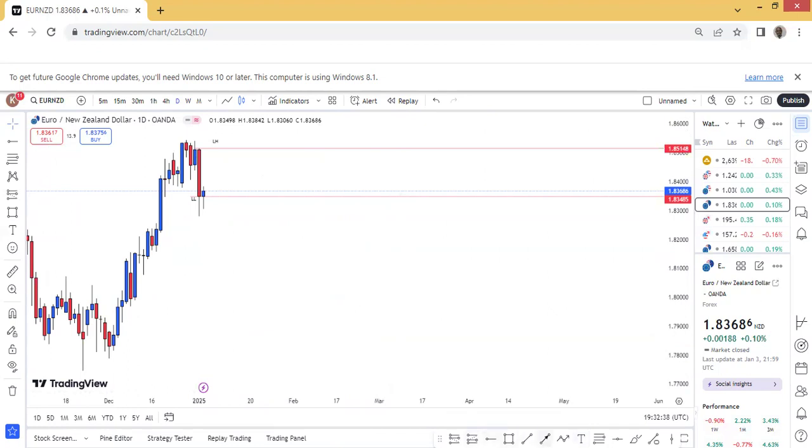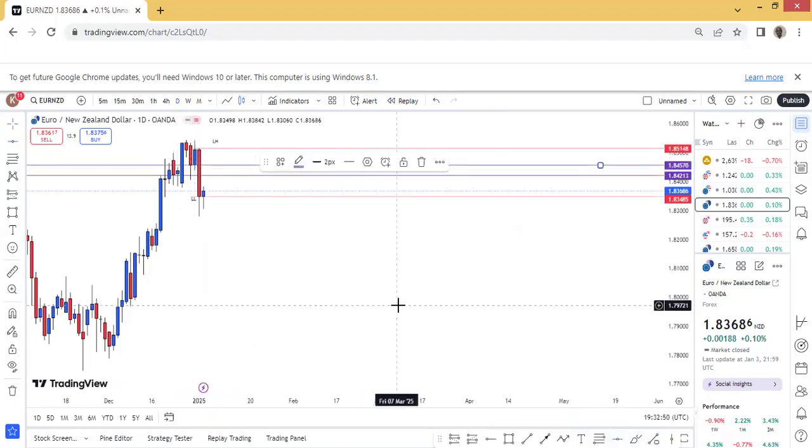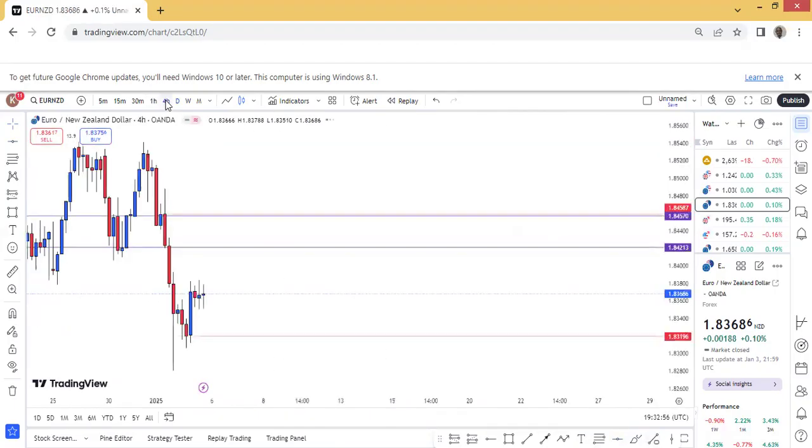So now we will come to look for our key levels. Now there are 2 key levels here. This is 1. And this is 2. These are the 2 key levels that I see here.